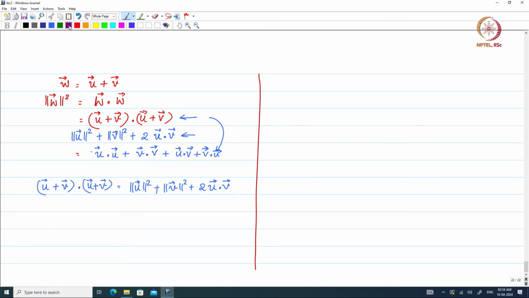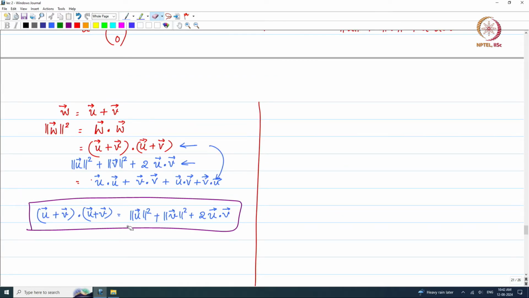We have just sorted out that u plus v the whole square is this, and in our pursuit to figure out the angle between two vectors we established this, and we will use the same result to figure out the angle between two vectors. So let us look at that now.